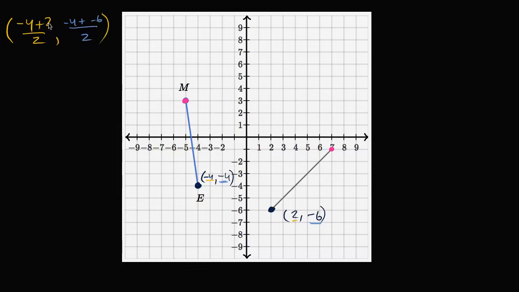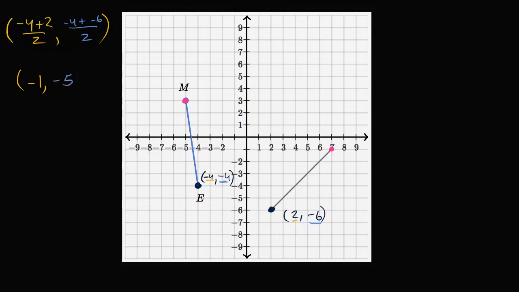Let's see, -4 plus 2 is -2, divided by 2 is -1, so it's going to be -1, comma, -4 plus -6, that's the same thing as -4 minus 6, which is going to be -10, divided by 2 is -5. Let me do that in a blue color so you see where it came from. So there you have it.